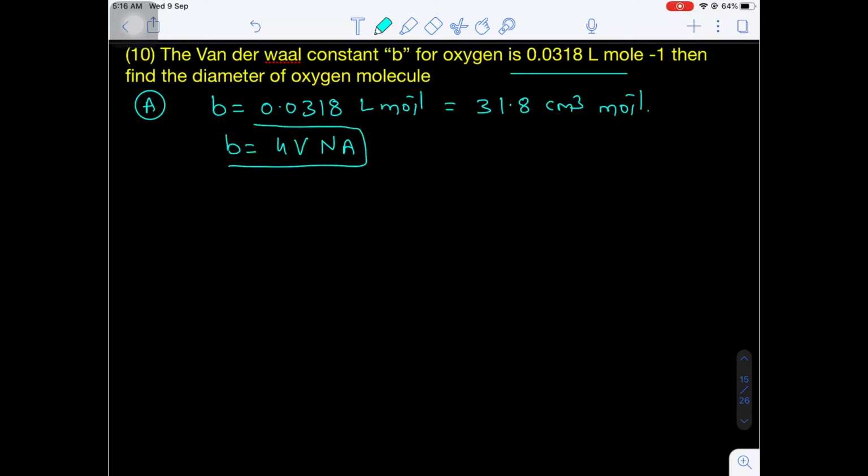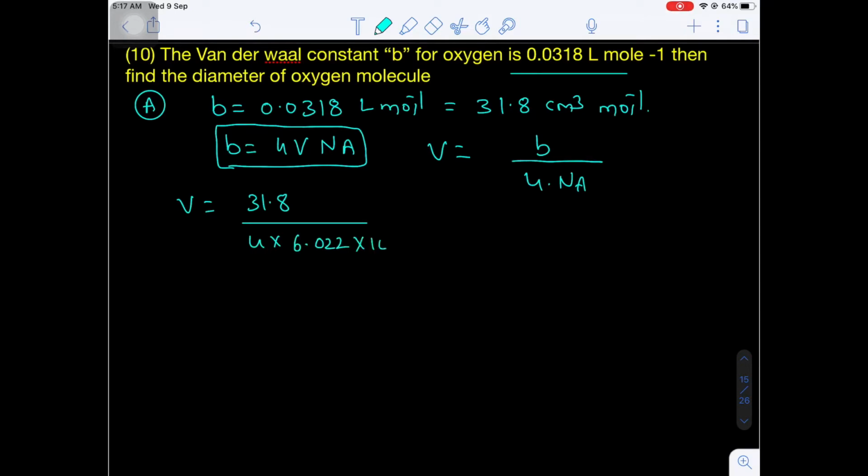From here, what is the volume of 1 molecule of a real gas? That will be equal to B divided by 4 into Avogadro's number. Now what is the van der Waals constant B given? 31.8 centimeter cube per mole, divided by 4 into Avogadro constant 6.022 into 10 to the power 23.